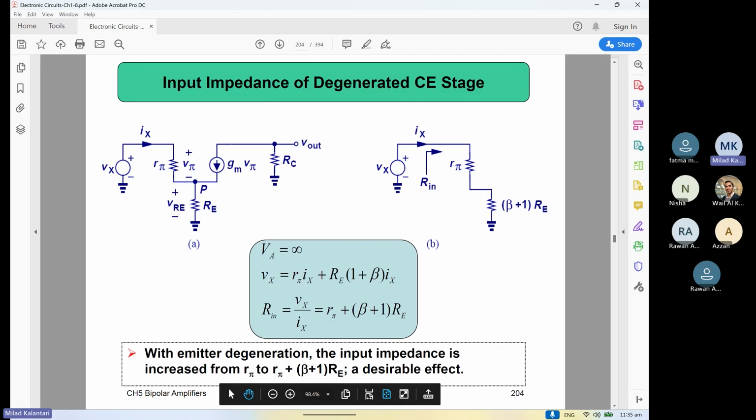So now we consider the gain. Now we want to see the input impedance of this section, once we added this RE. Initially, if you had just a common emitter with a grounded emitter, what you were seeing at the base was what? Do you remember? What is the impedance at the base?